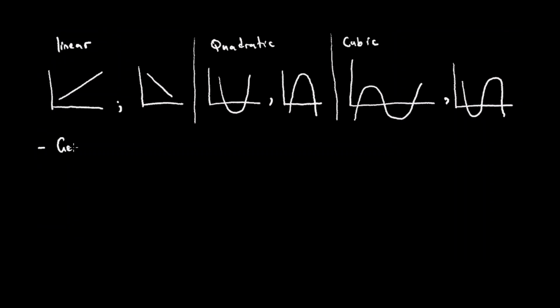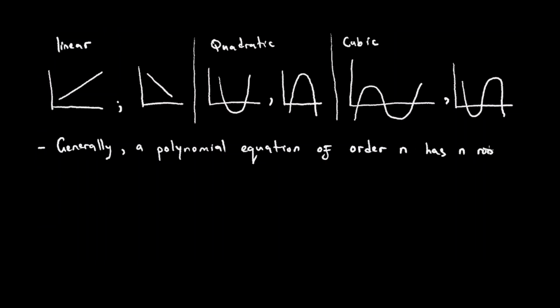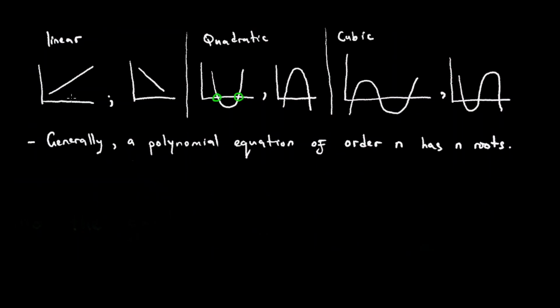Generally, and the term generally is very important, a polynomial equation of order n has n roots. The general statement is: a polynomial equation of order n has n roots, generally.